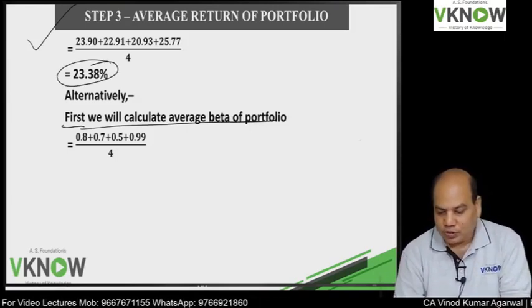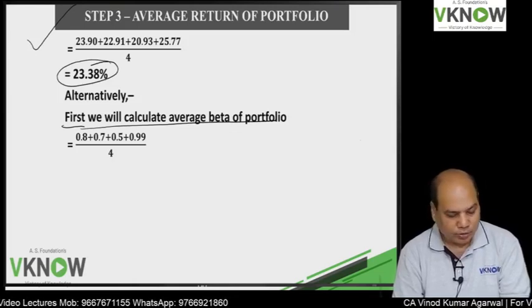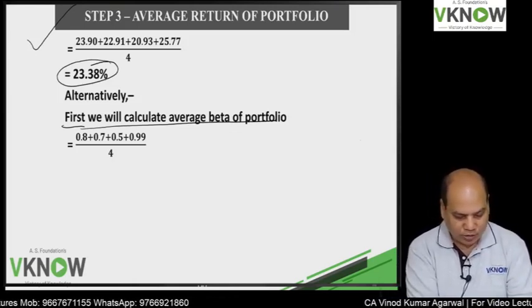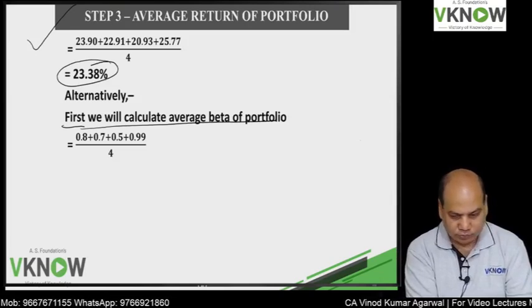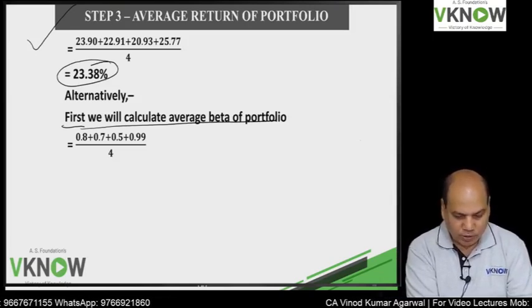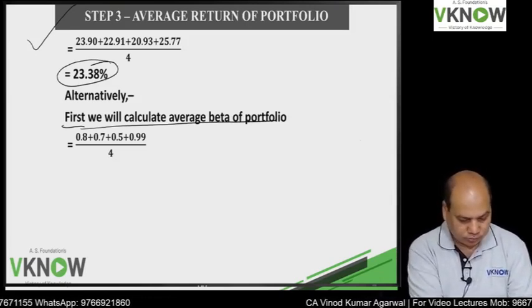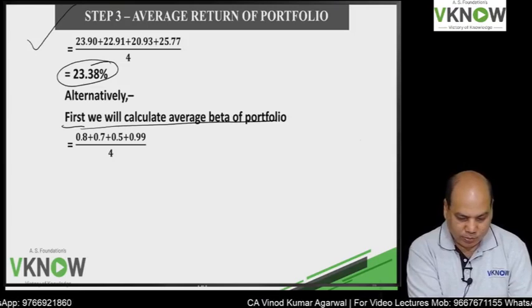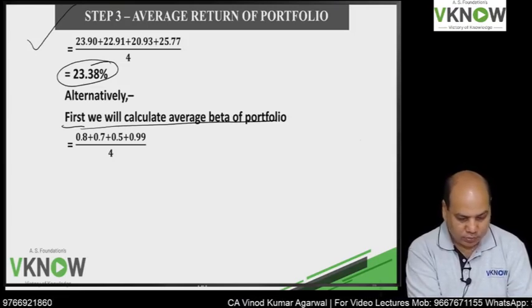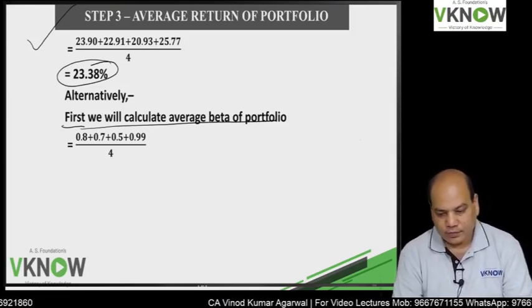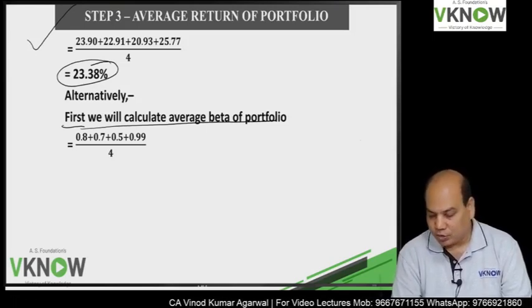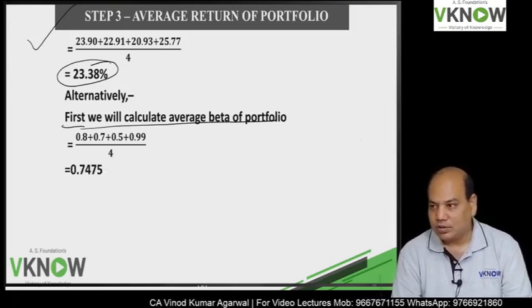So now write down, first we'll calculate the average beta of the portfolio. Average beta of the portfolio is 0.8 plus 0.7 plus 0.5 plus 0.99 divided by 4, because we are assuming weights are equal.